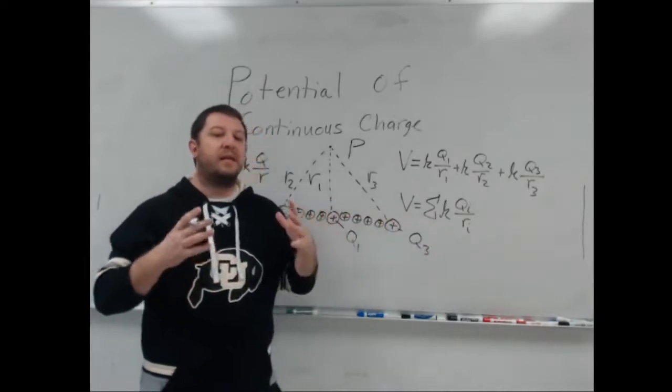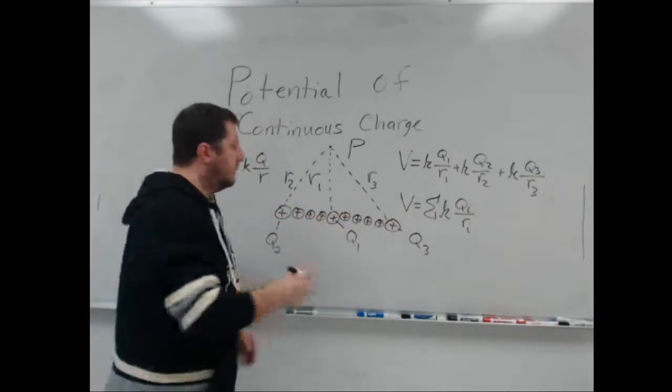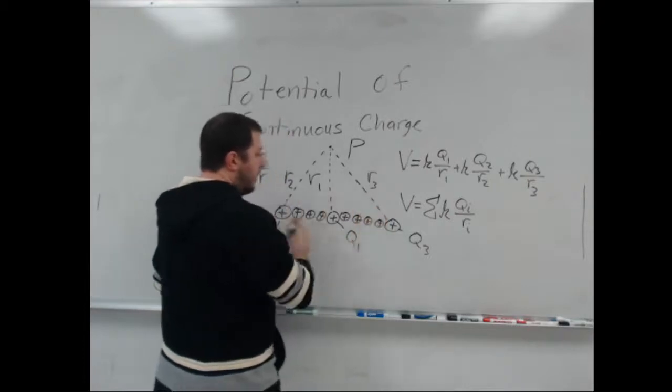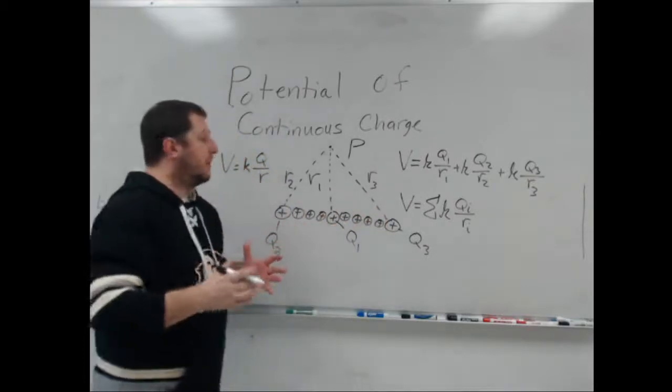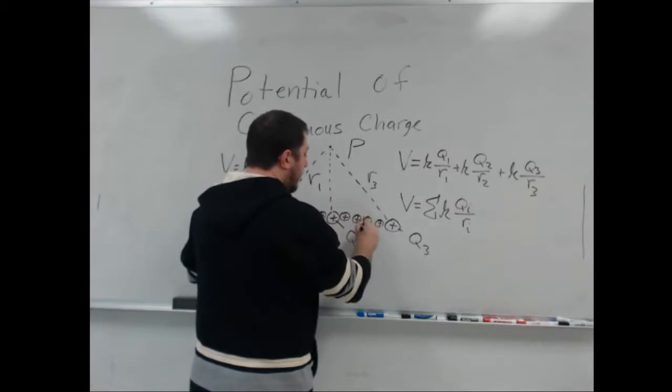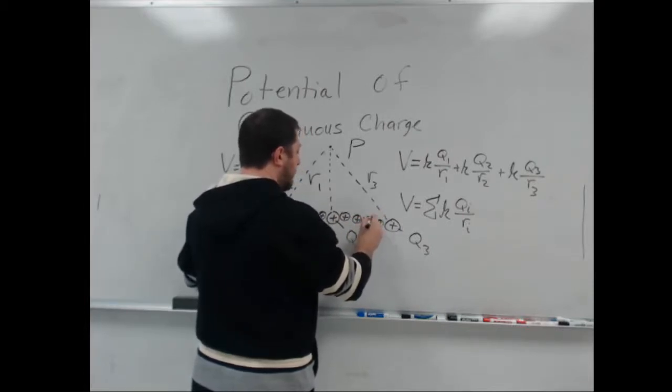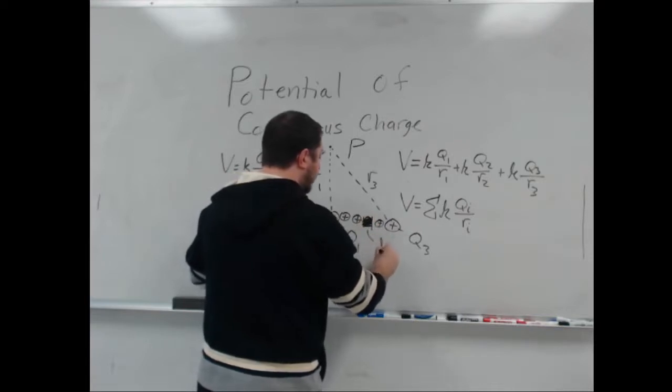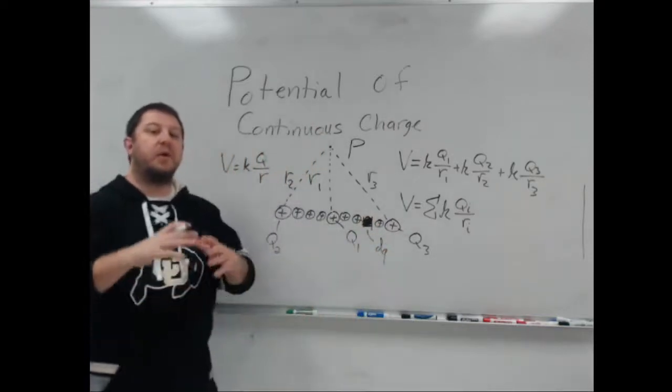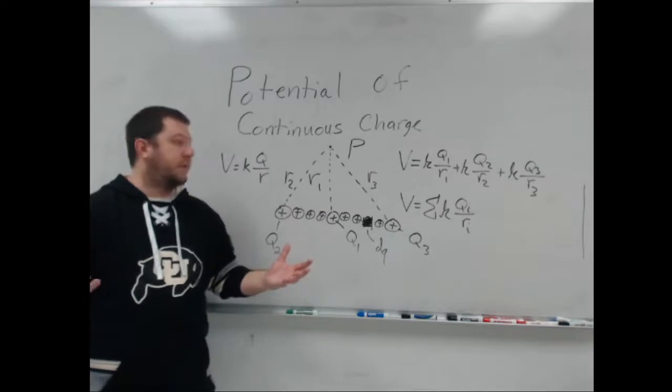You can think of a region where your charge is distributed, and you can think of an individual piece of charge as an infinitesimal piece of the total charge contribution.